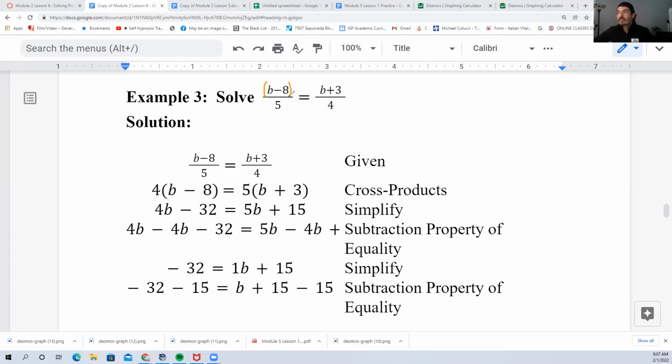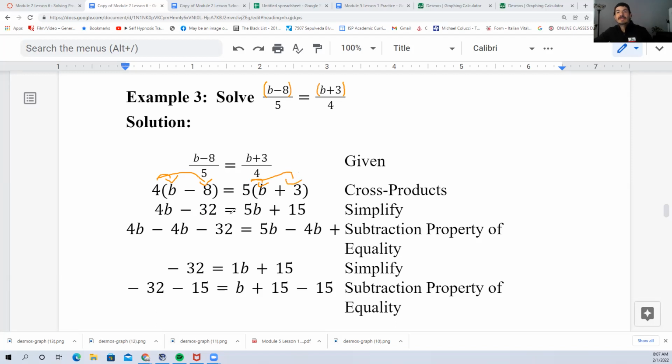This is in fact a group. So when I do my cross product, that group is there. So I end up with 4 times this difference and 5 times this sum. And I do need to distribute. So here they distribute: 4b minus 4 times 8, which is 32. And that's how they came up with the 32. 5b, 5 times 1b is 5b, plus 5 times 3 is 15. That's how they came up with that.